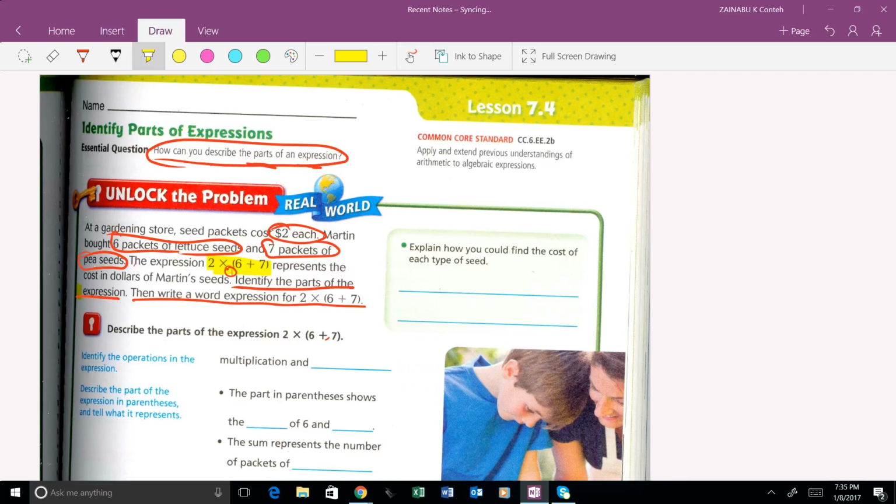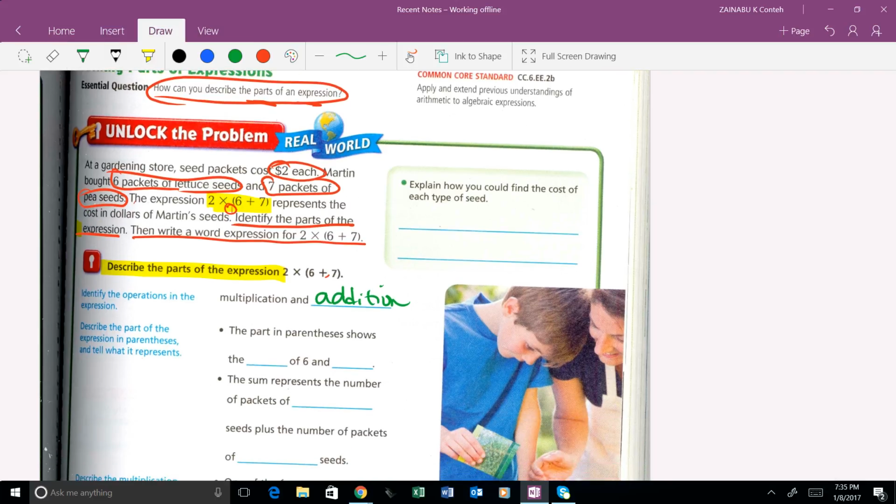Since we're asked to describe the parts of the expression, let's look at what the actual parts are. I see 3 number values and 2 operation symbols. So we're looking at multiplication and addition in this particular expression.